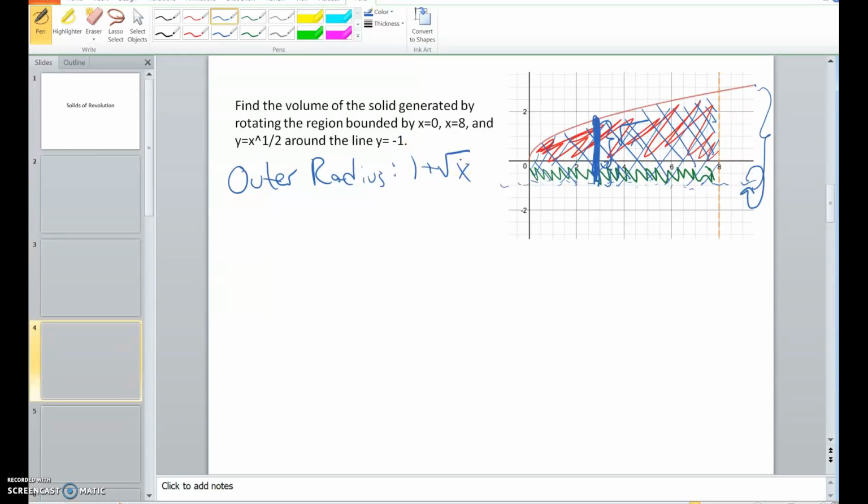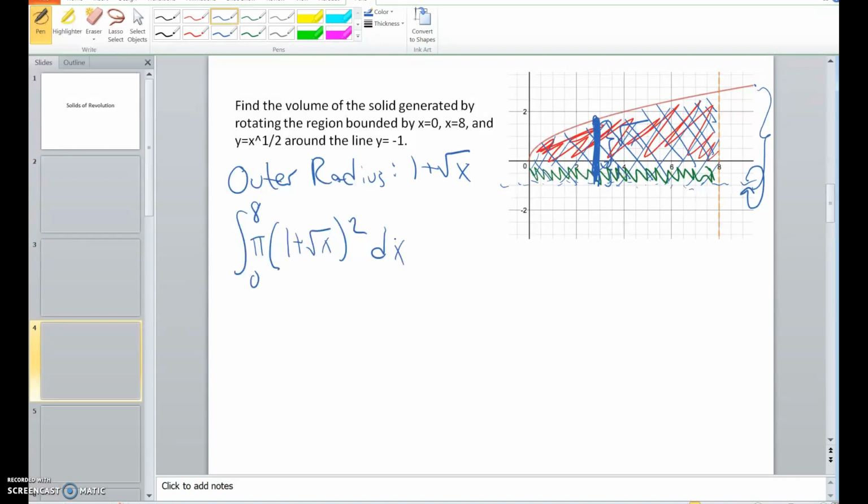So if we were going to find the volume that is generated from rotating the blue region, that would be the integral from 0 to 8 of pi times (1 plus root x) squared. So that's pi r squared here, where the radius is 1 plus square root of x. That would be the outer shape.